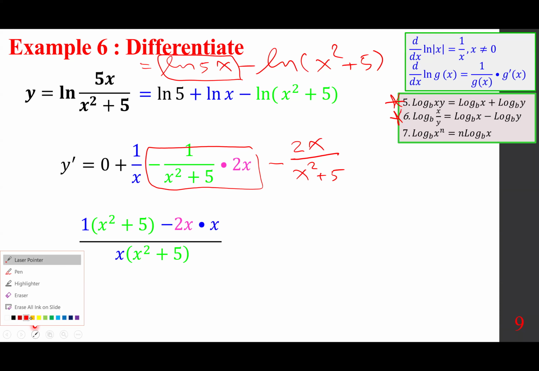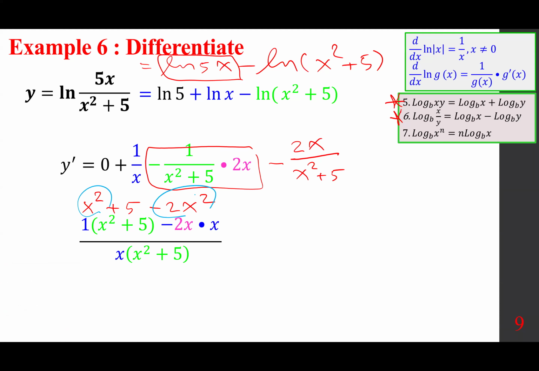Let's call it x squared plus 5 minus 2x squared, and these two add up to minus x squared. So y prime is negative x squared plus 5 over x times x squared plus 5. That is the final answer, everybody.